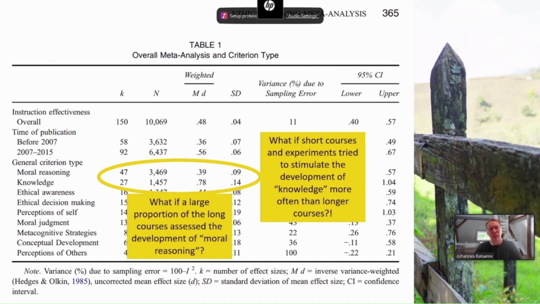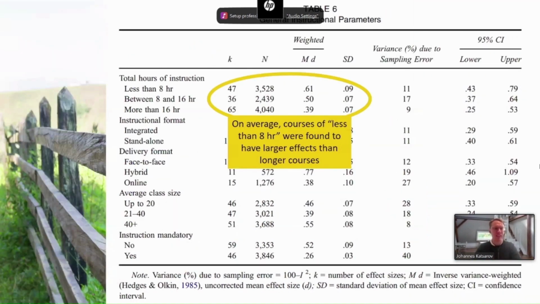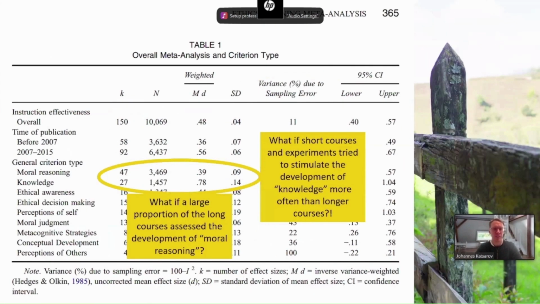Or what if short courses and experiments try to stimulate the development of knowledge more often than longer courses? So we could have a spurious correlation here, where what we saw before, these time effects, are actually explained by the measurement of different things. And I would say comparing apples with pears.